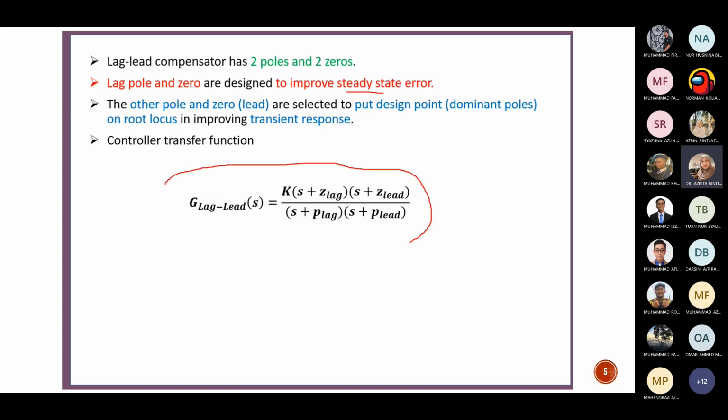So using the root locus method, we can obtain the transfer function for the lag-lead compensator, given by this equation: K (s plus Z lag) multiplied by (s plus Z lead) over (s plus P lead) multiplied by (s plus P lag), since the lag-lead is the combination of lag and lead.